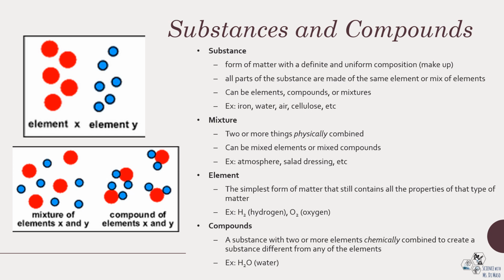Now, a mixture is 2 or more substances that are physically combined, and we'll kind of get into what we mean by physical and chemical combinations in this PowerPoint. So it can be mixed elements, mixed compounds, things like that. So an example would be the atmosphere. We have a lot of different mixtures of gases in the atmosphere.